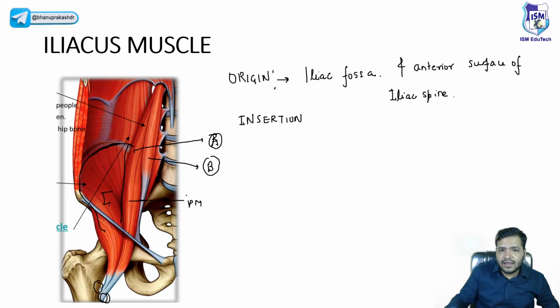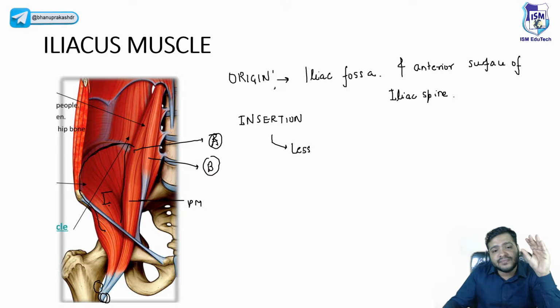Okay, so yeah, if we talk about the insertion part beta, it is inserting into the lesser trochanter of the femur. The fibers actually of the psoas major and the iliacus, they are combining with each other and they are inserting into the lesser trochanter of the femur.